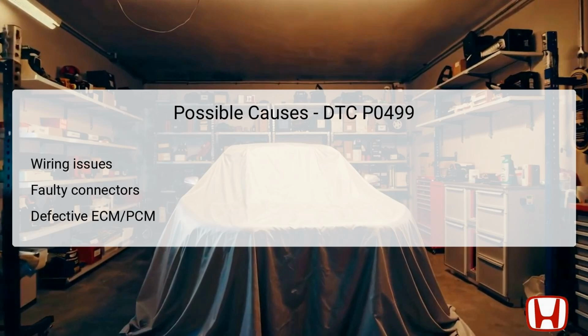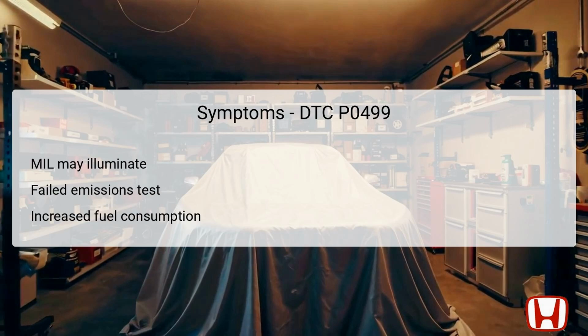Vehicles exhibiting DTC P0499 may present a variety of noticeable symptoms. The most immediate sign is the illumination of the malfunction indicator lamp, MIL, commonly known as the check engine light. This light is a direct indicator that there is an issue that needs attention.